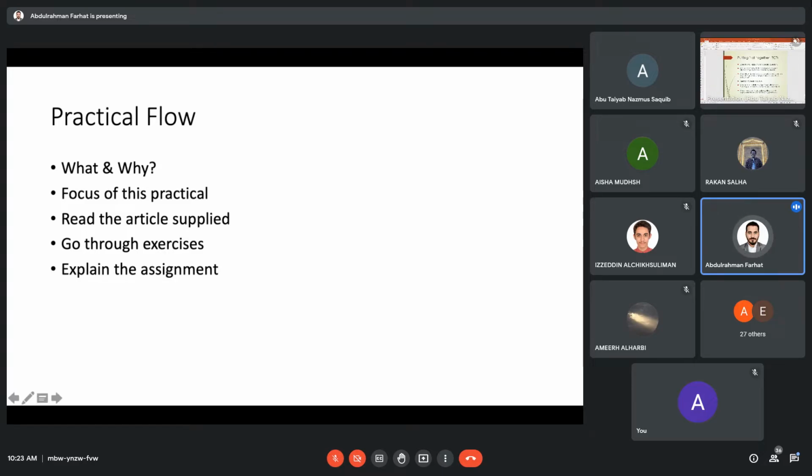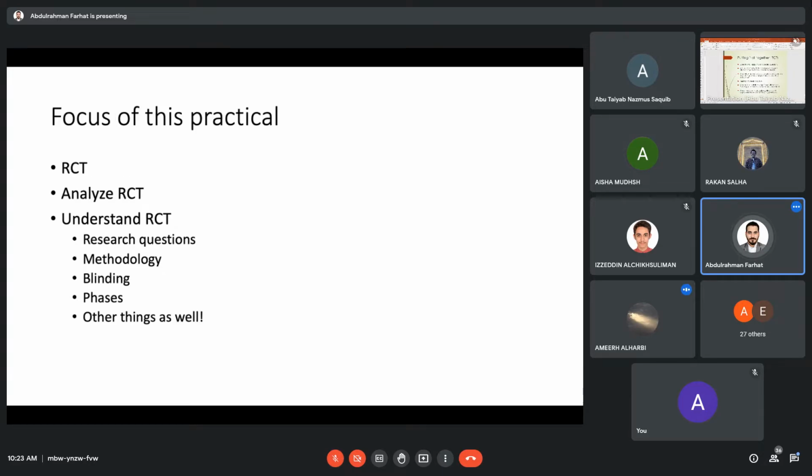The focus of this practical is going to be the RCT, randomized controlled trials. So we will understand better what randomized controlled trials are. We will try to analyze one randomized controlled trial, and through this analysis process, we will understand how randomized controlled trials are done, and how to read and analyze them.